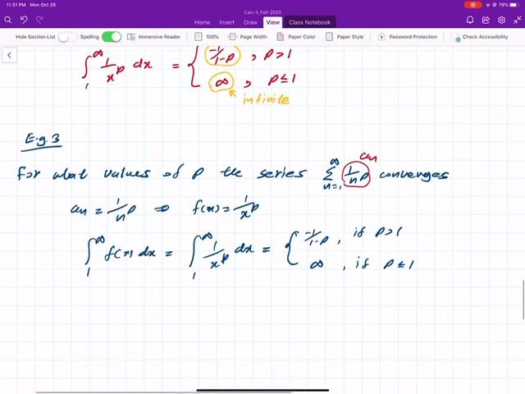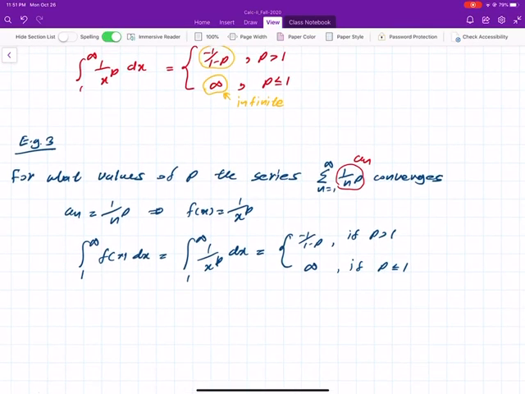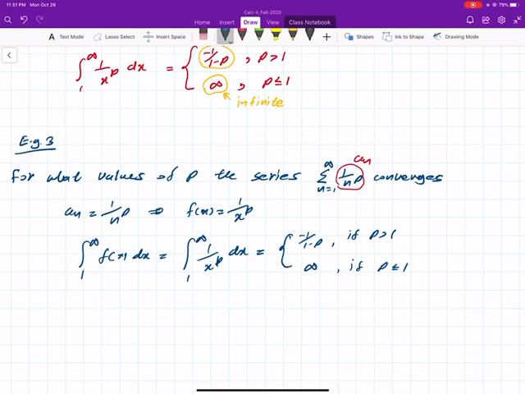Then what happened? This is the finite case. This is the infinite case. That means finite means this is the convergent case, convergent. This is the divergent case.